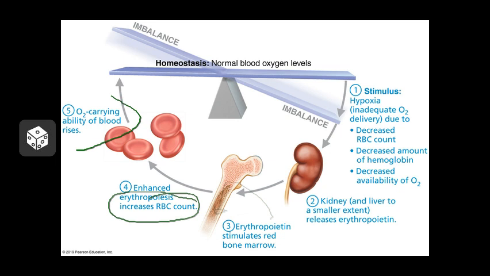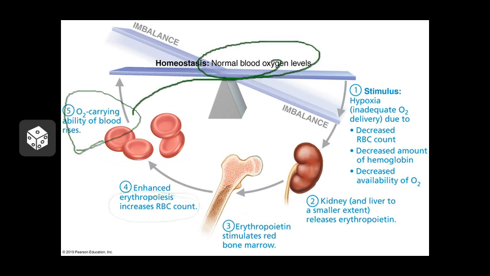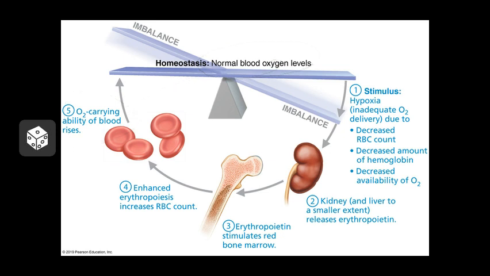That results in a larger number of red blood cells that have the ability to carry oxygen, which brings our oxygen levels back to normal. A really good negative feedback system. So this slide again represents normal blood oxygen homeostasis related to red blood cell production.